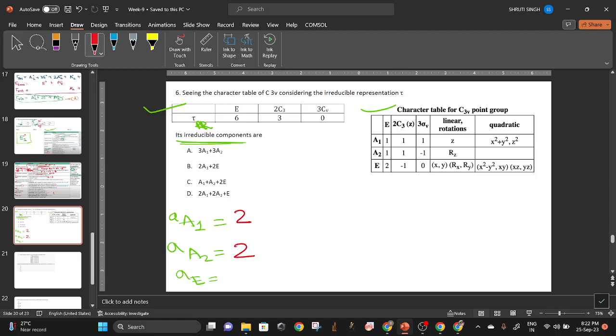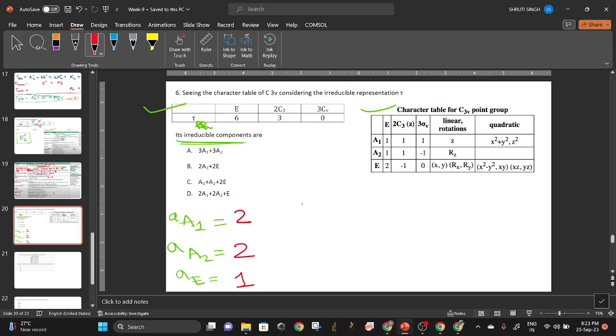For E, 6, 1, 2, plus 3, 2, minus 1, 1 upon something. A of E is equal to 1. Yes, that's correct.